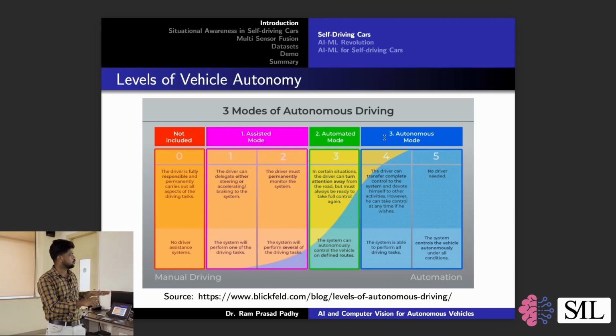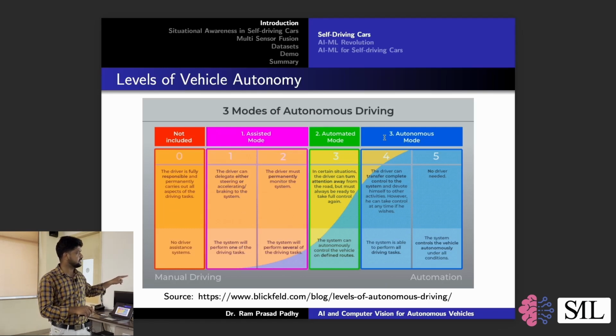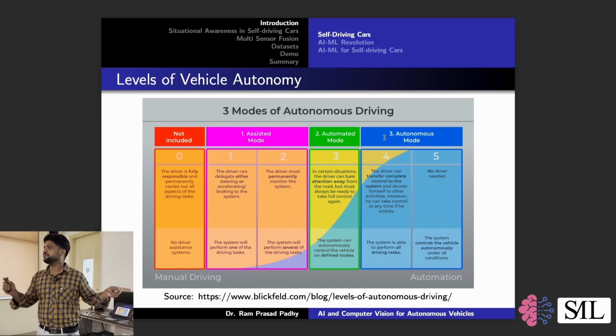If you go to the second, or assisted mode, there are two levels available, level 1 and level 2. In level 1, the driver can delegate either steering or acceleration or braking to the system. When you think about a self-driving car, there are mainly three tasks: steering, braking, and throttle, or the acceleration.